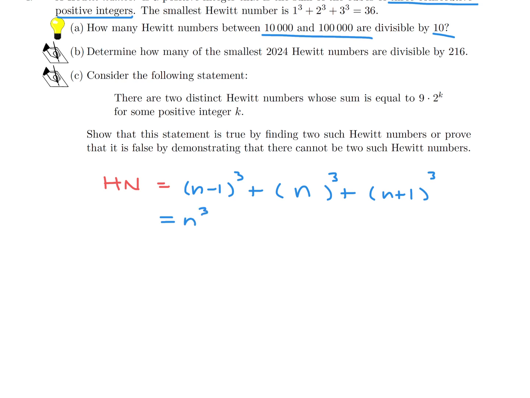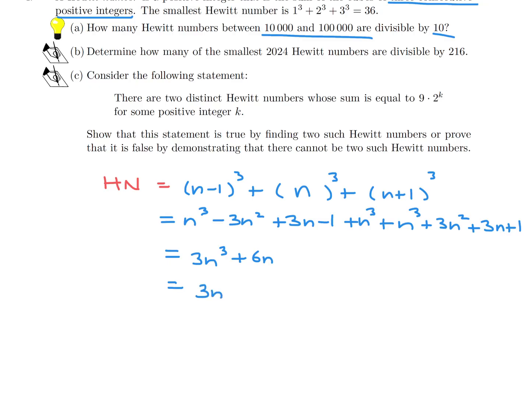We get n cubed minus 3n squared plus 3n minus 1, plus n cubed, plus n cubed plus 3n squared plus 3n plus 1. Okay, collect like terms, and we get 3n cubed plus 6n, I think. Is it plus? Yes, plus. And then we can factor this as 3n times n squared plus 2. Okay, so that's a pretty good formula for a Hewitt number.